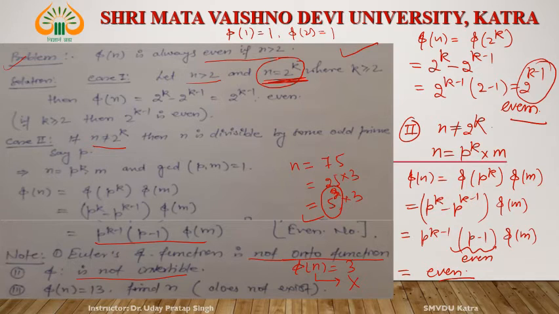Phi of 2 is 1. Right? Then 1 and 2 are two elements in the domain whose image is the same. Therefore, this is not 1-1. Euler's phi function is neither 1-1 nor onto, and therefore it is not invertible. Phi of n is equal to 13. Find n. Not possible. Why not possible? Since this is an odd number.